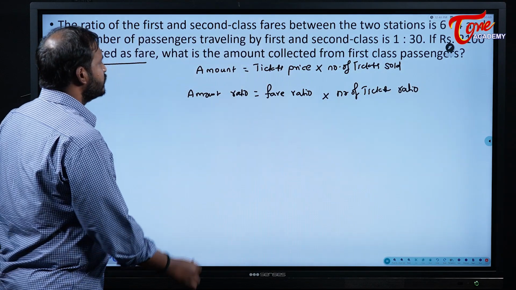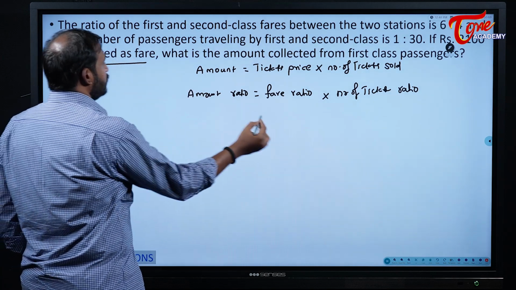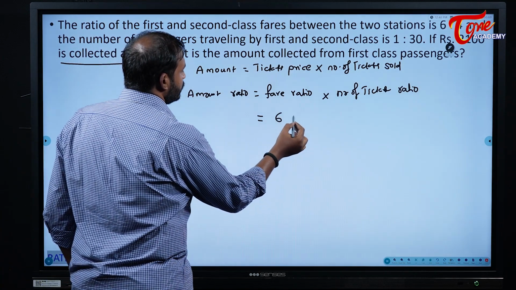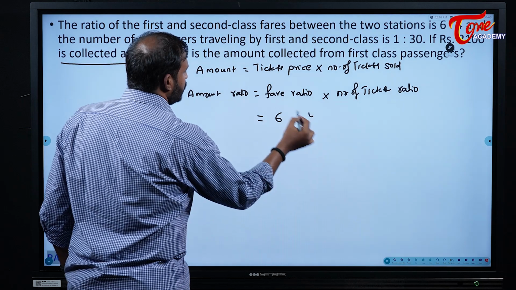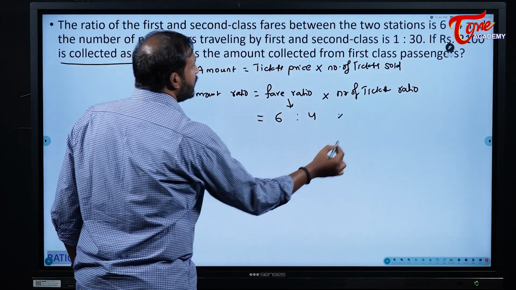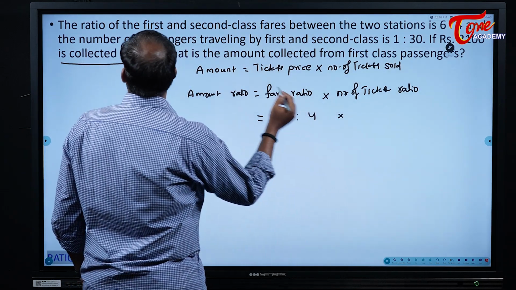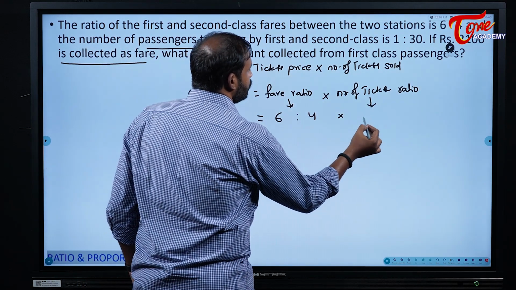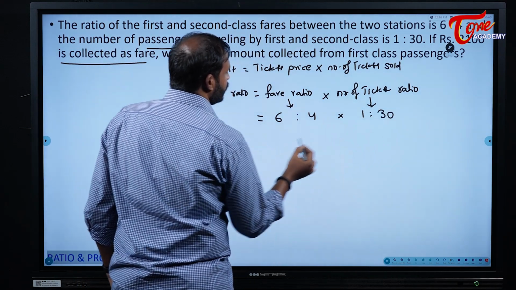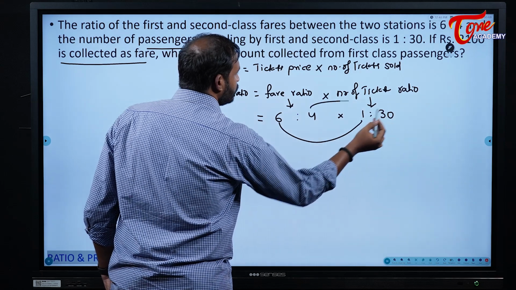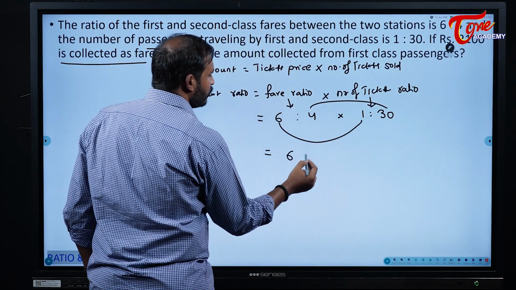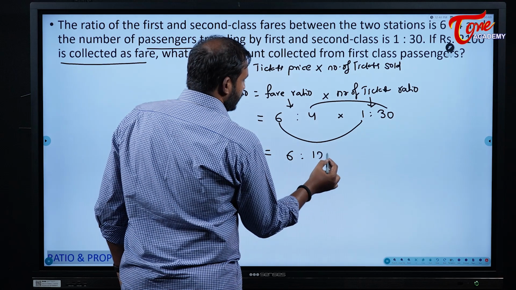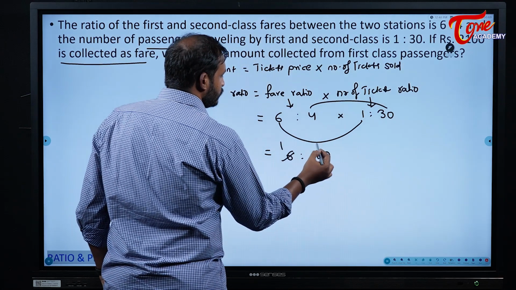So the amounts ratio, what can you say? We will find it. Fare ratio is 6:4, and I need to multiply it with the number of passengers, means number of tickets only. So that is 1:30. 6 into 1 and 4 into 30, so 6 is to 120. That is 1:20.